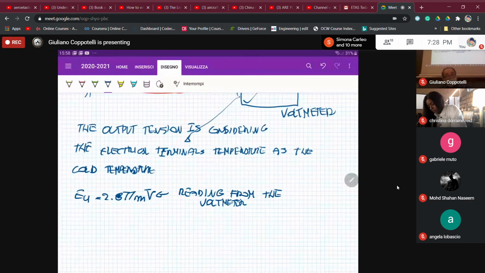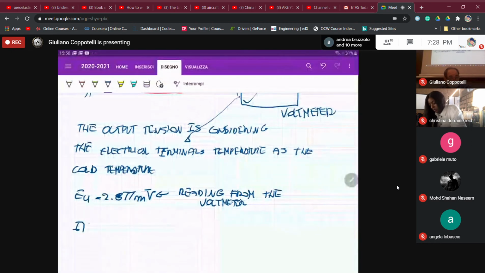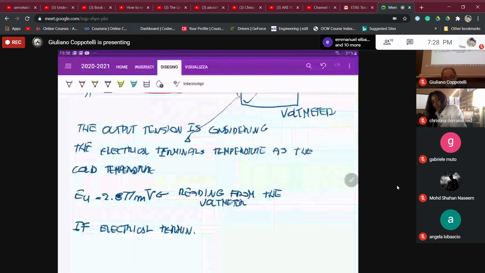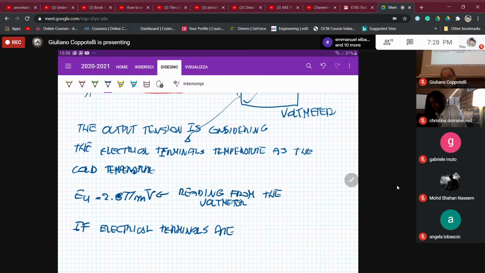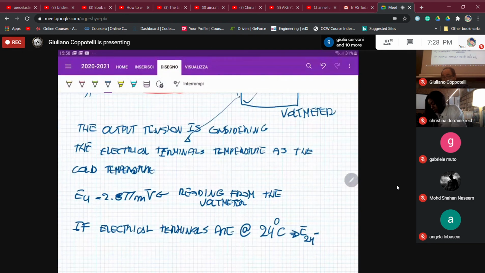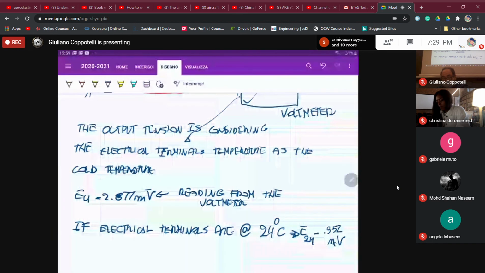Then you have to add the standard potential, referred to 0 degrees. So if the electrical terminals are at 24 degrees Celsius, that means that E24 for the same thermocouple type is 0.952 millivolts.